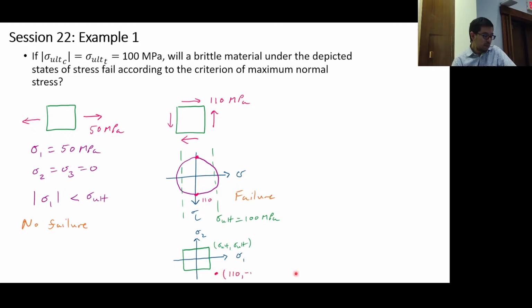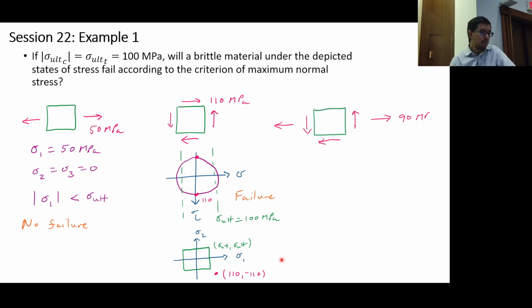We can plot all these things, but look, if we plot the equivalent state of stress, where we have sigma 1 equals 110 megapascals and sigma 2 equals negative 110, we're outside the box. We're out here. So you can think of it that way as well.